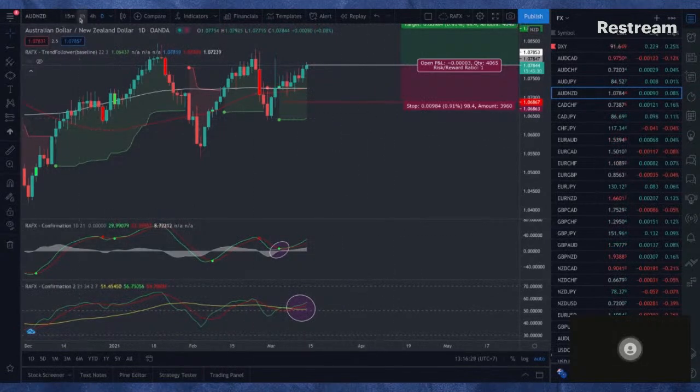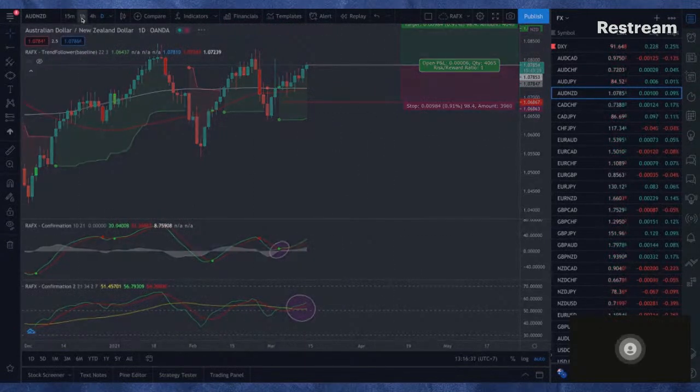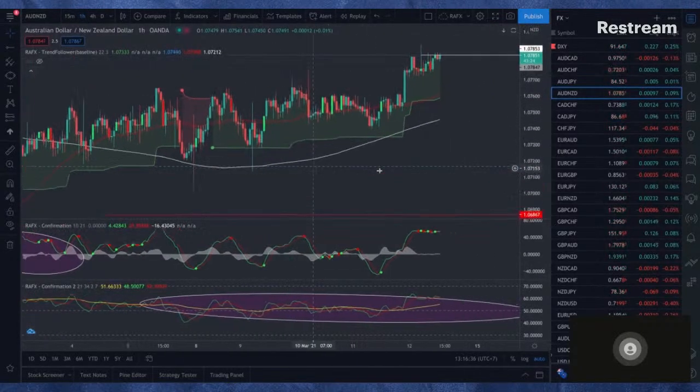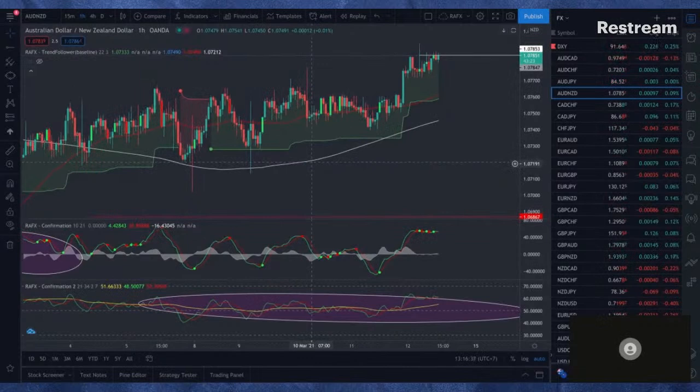So when I checked the 1 hour earlier today, of course, it is a good signal as well because the buy stop is good.